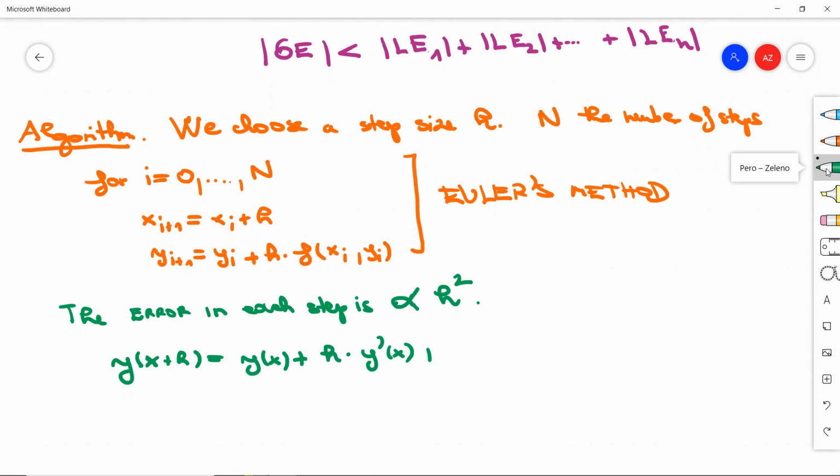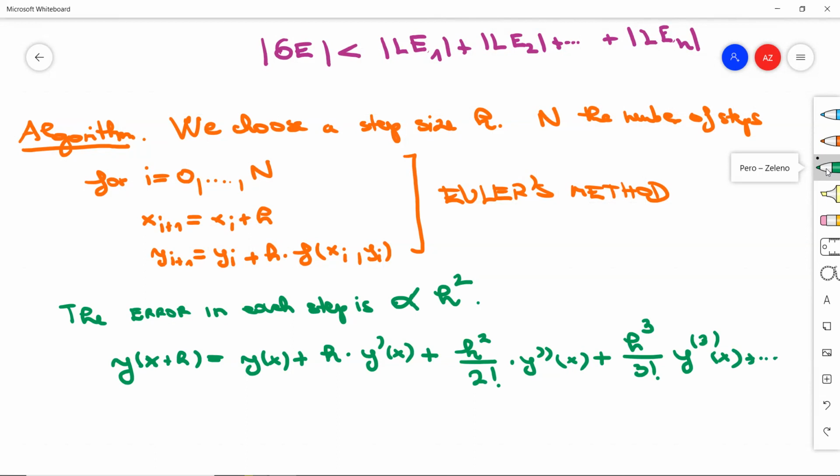And then the second term is h squared over 2 factorial times the second derivative of y with respect to x, and so on. So the third term is h cubed over 3 factorial times the third derivative of y with respect to x, and so on.